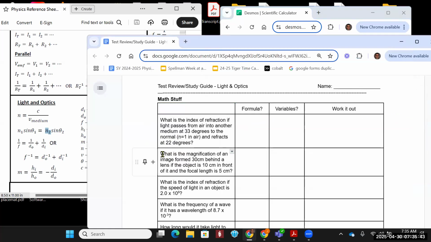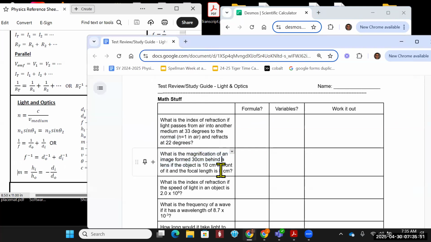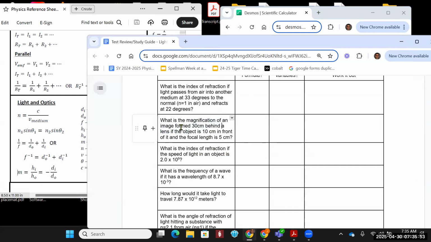Number 2, it says, what's the magnification of an image? So the magnification formula is down here. We can either use 2 heights or 2 distances. And this one says that there's an image 30 centimeters behind a lens, and the object is 10 centimeters in front of it. So we're looking at the distances in this case.